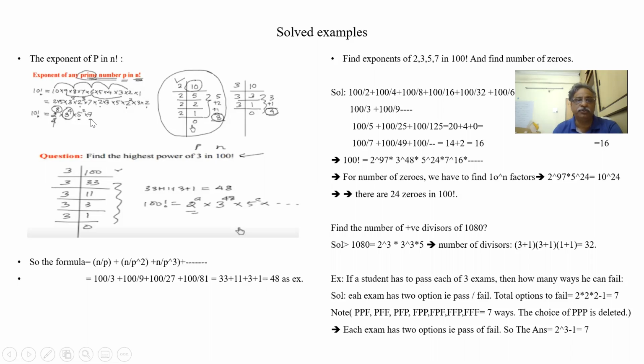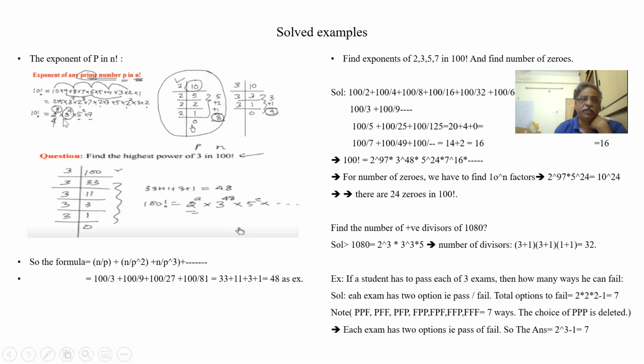These are all prime numbers, 2, 3, 5, 7. In 10 factorial, a prime factor cannot be more than 10. So we have these 4 prime factors. Suppose we want to find out how the powers are coming, 2 to the power of 8.